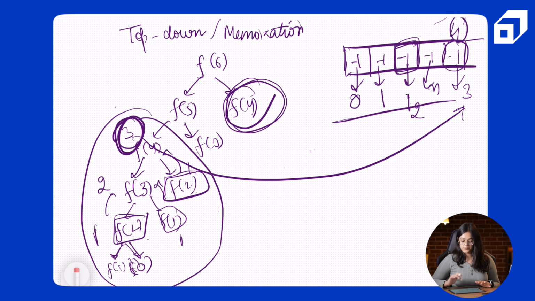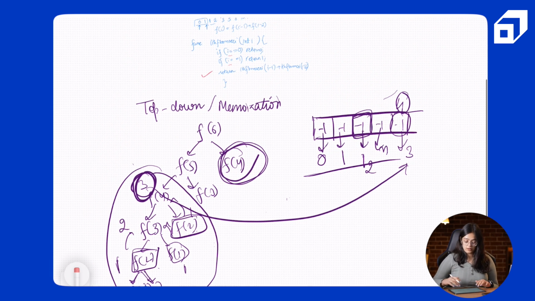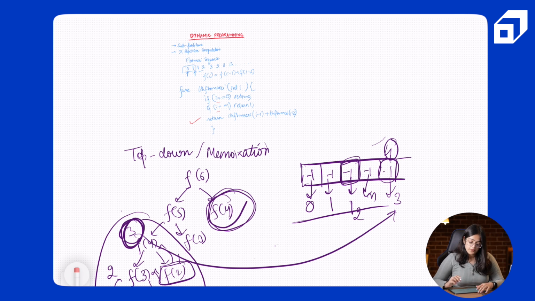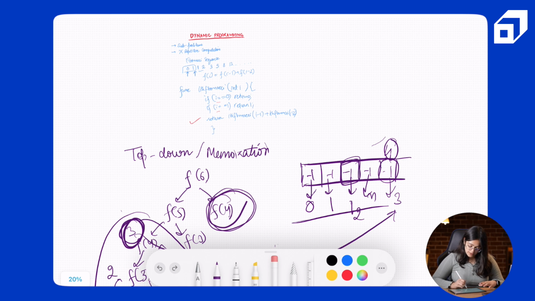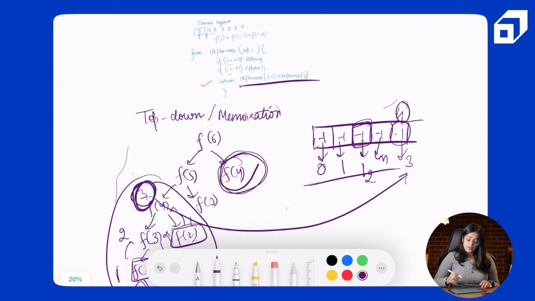If you carefully observe, when we were computing it in the previous recursive solution, we were making 2 calls at every step. We were calculating f of n minus 1 and f of n minus 2 again and again. Even if it was already calculated, there were 2 calls at every step. So our time complexity was coming out to be of the order of 2 to the power n.